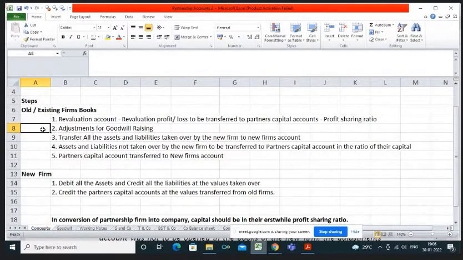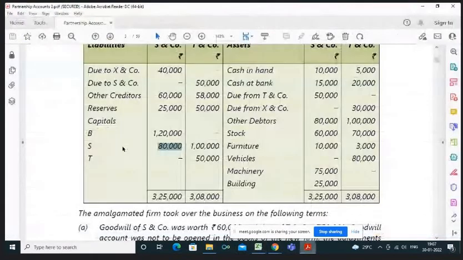Adjustments for goodwill raising. Should we do it? The new firm is raising the goodwill and still they don't want to show it also. So we need not do any adjustments for goodwill in the old firm's books in this part. Liabilities taken over by the new firm go to the new firm's account. Assets and liabilities not taken over by the new firm are to be transferred to partners capital account in the ratio of their capital. So you have to see whether the new firm is taking over all the assets and liabilities.